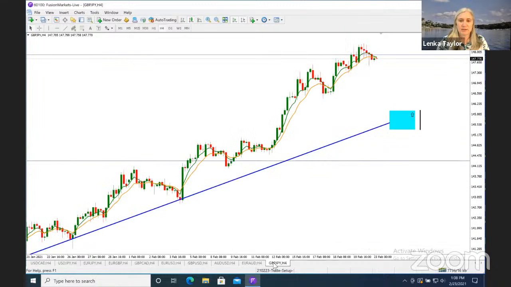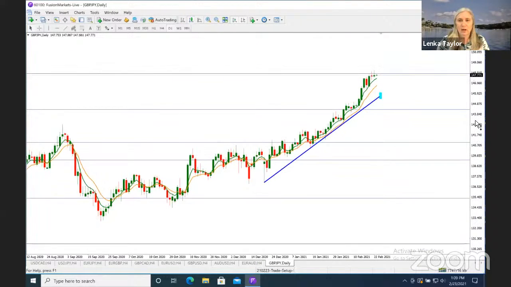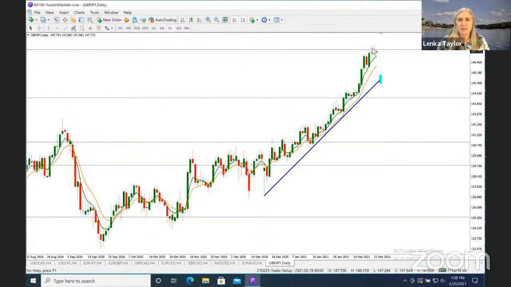The next currency pair I'm looking at is Gbp Jpy. For this one, the direction I'm looking at is long, but at the moment the price is high and it is at horizontal resistance level.